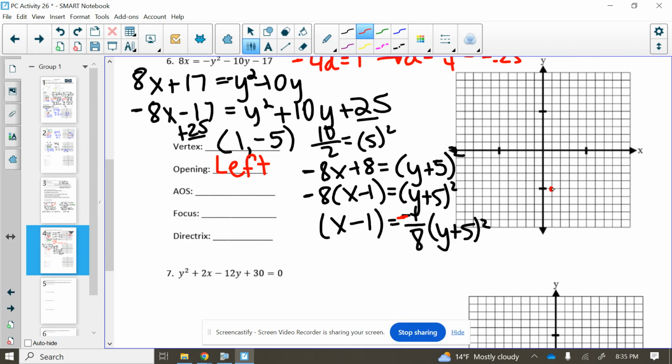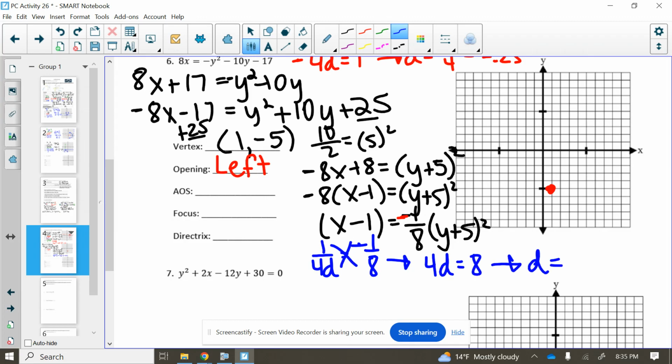So we plot our vertex. This time our 1 over 4d was negative 1 over 8, which means if we cross multiply and solve, we end up with 4d equals 8, aka our d value this time is 2. So our focus is going to come 2 units to the left, so we open towards that, have our correct opening orientation.